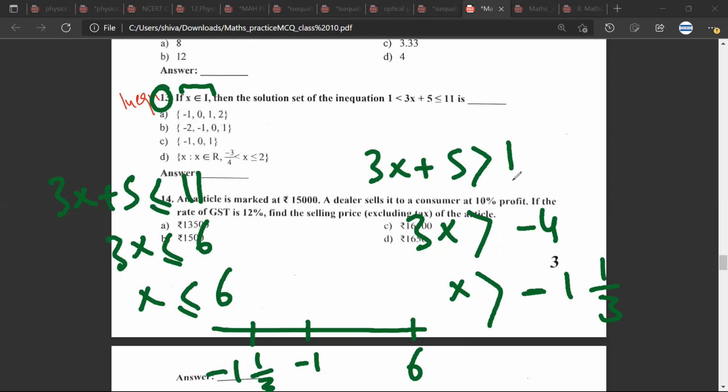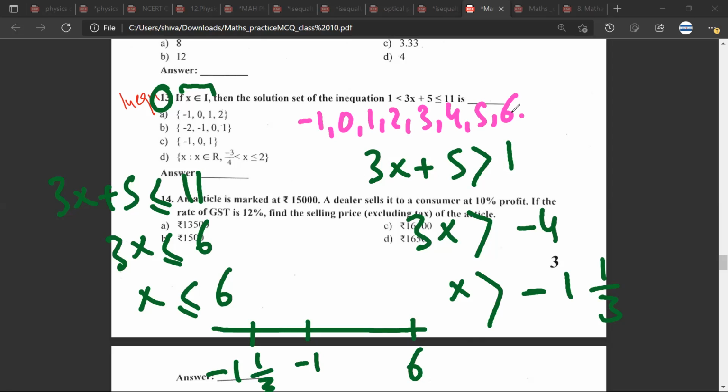Because you have -1, -1 counts as an integer. And so the solution set would be -1, 0, 1, 2, 3, 4, 5, 6. Is it correct?